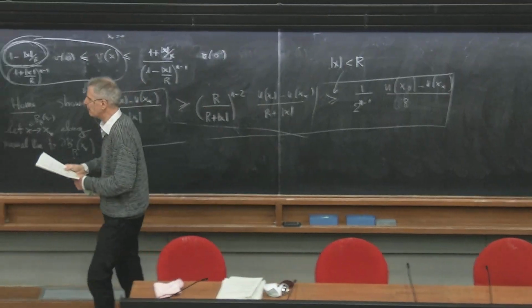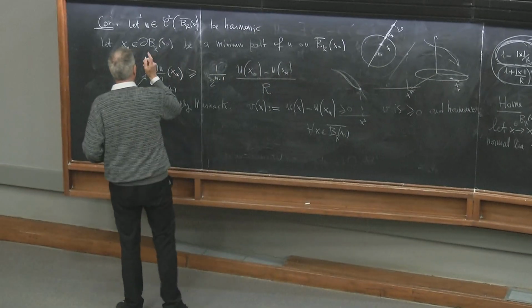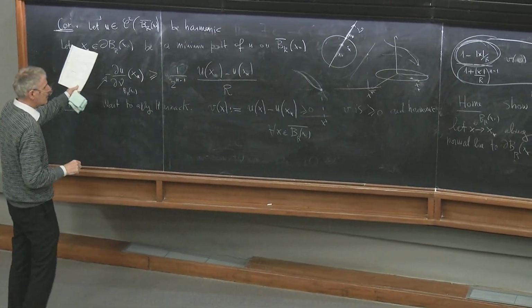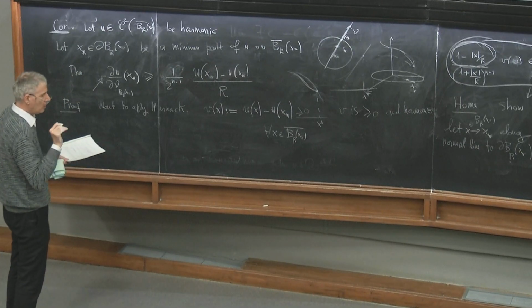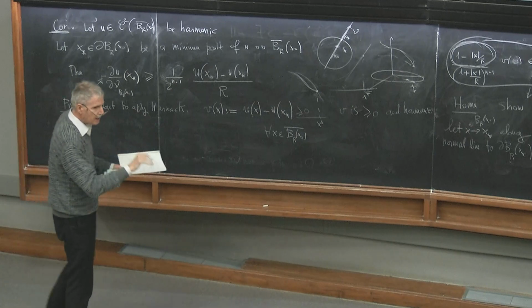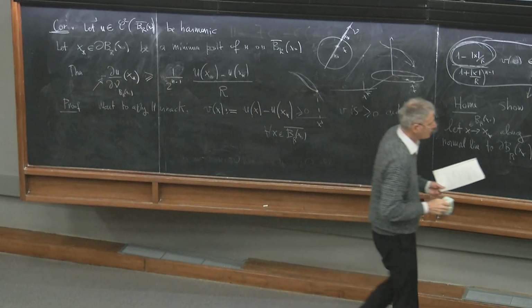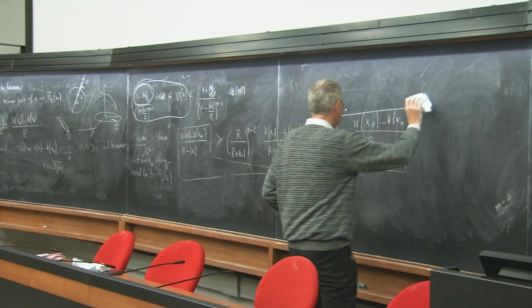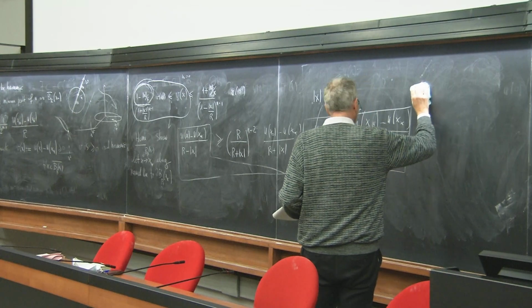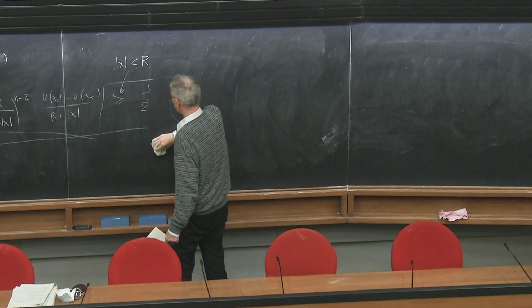It's very interesting, in my opinion, that this Harnack inequality gives us this sort of behavior of the normal derivatives at minimum and maximum points on the boundary. It's a consequence of the Harnack inequality. So at the end, the Harnack inequality seems to be very, very strong in view of the consequences that it has.